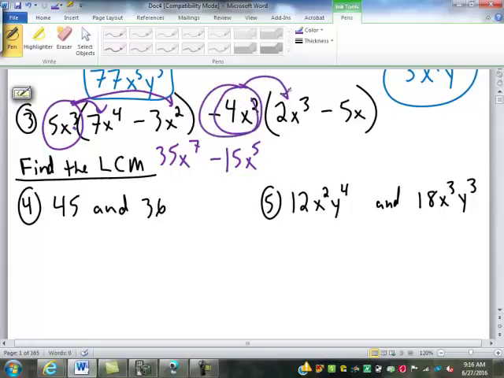So -4x squared times 2x to the third is -8x to the fifth. Very good. And then -4x squared times a -5x is +20x to the third. Very good.